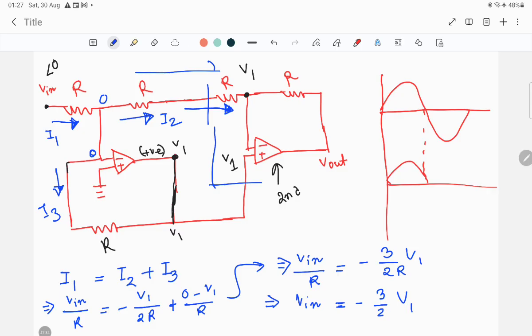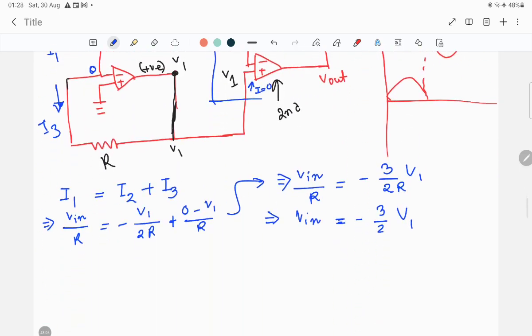Because we have already known that for all op-amps there should not be any current flow inside the terminal. So there will be no current flow through the terminal. So this I will be 0, and over here I will also be 0. So what current is coming, I2, the same current will leave over here, that is suppose I4.